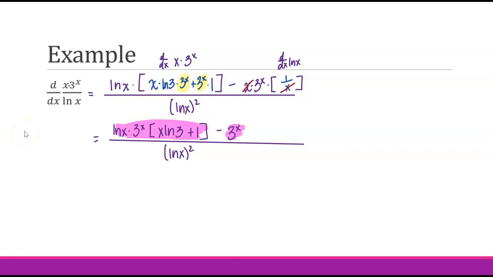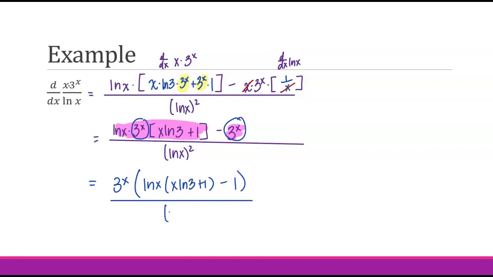So that's what I'm going to go ahead and pull out next, is this 3 to the x. So if I factor out a 3 to the x, then I'm left with natural log x times x, natural log of 3 plus 1, and then minus 1, all over natural log of x, quantity squared.